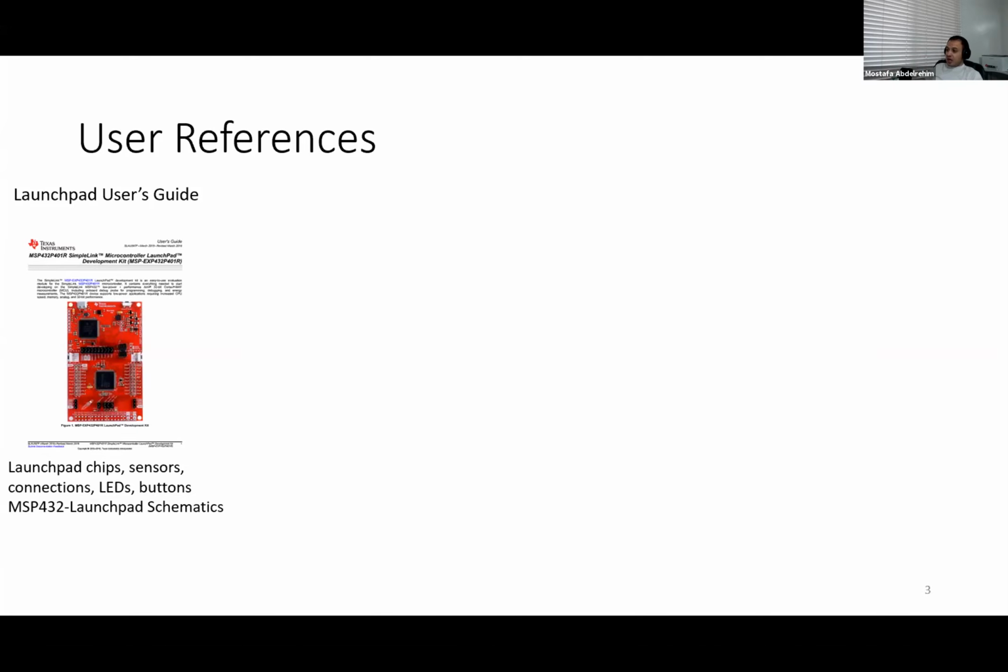It also explains how the connection between the computer and the microcontroller is done. We also have on the Launchpad what's called a debugger, or JTAG, whatever they call it. It's responsible for receiving the program from the computer and loading it to the microcontroller.